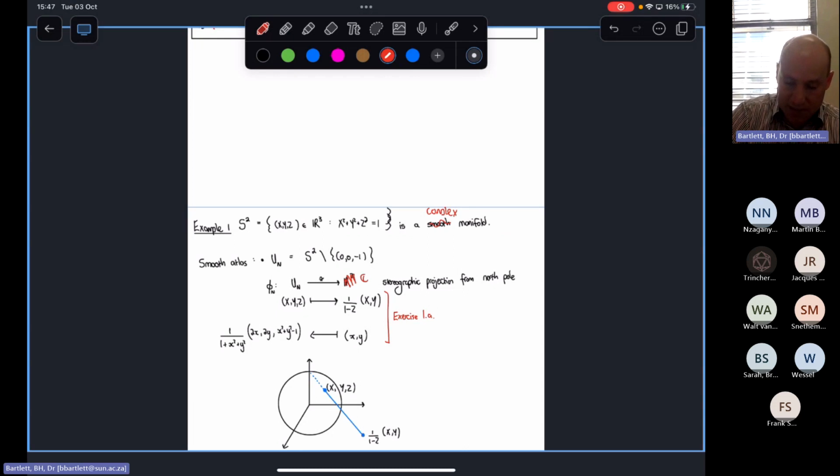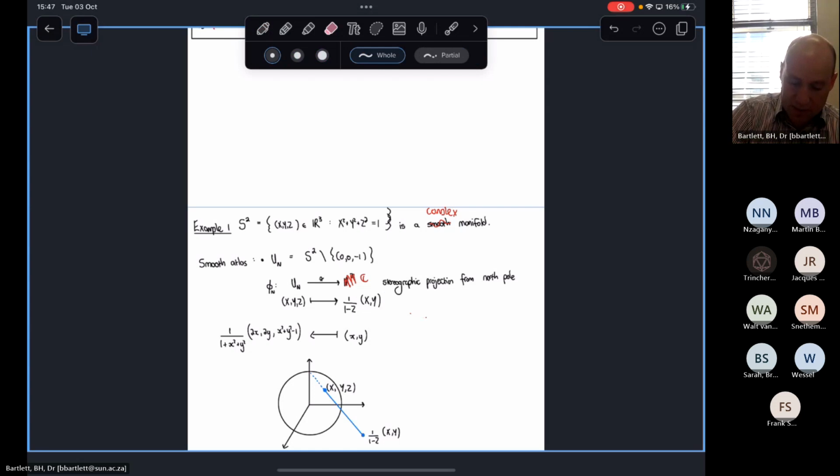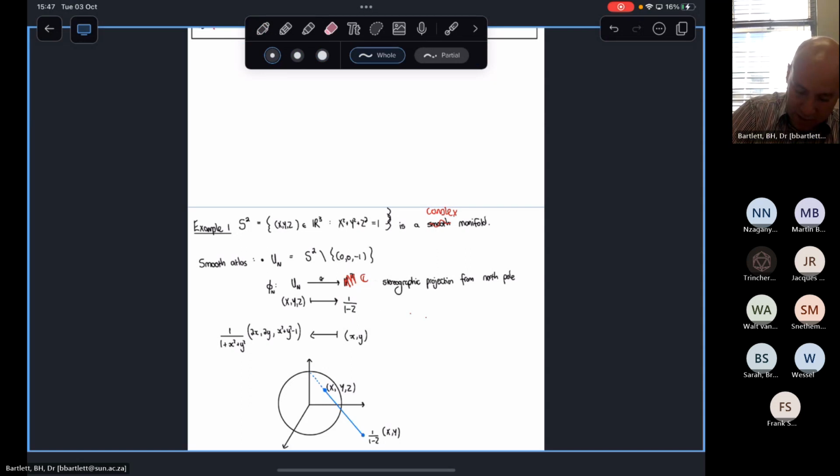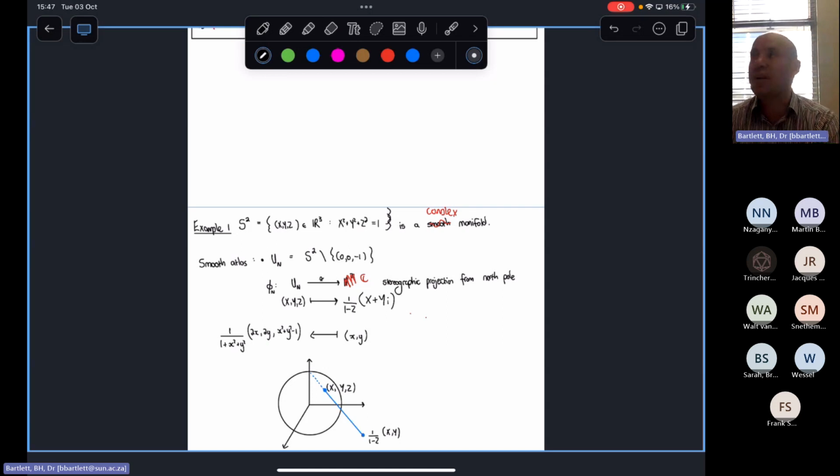And I'm going to take the same formula and just rewrite it now like this. This is now an element of R^2, and I'd rather write it as an element of the complex numbers. So that's easy enough to do. I can just say it's this. Pretty happy?